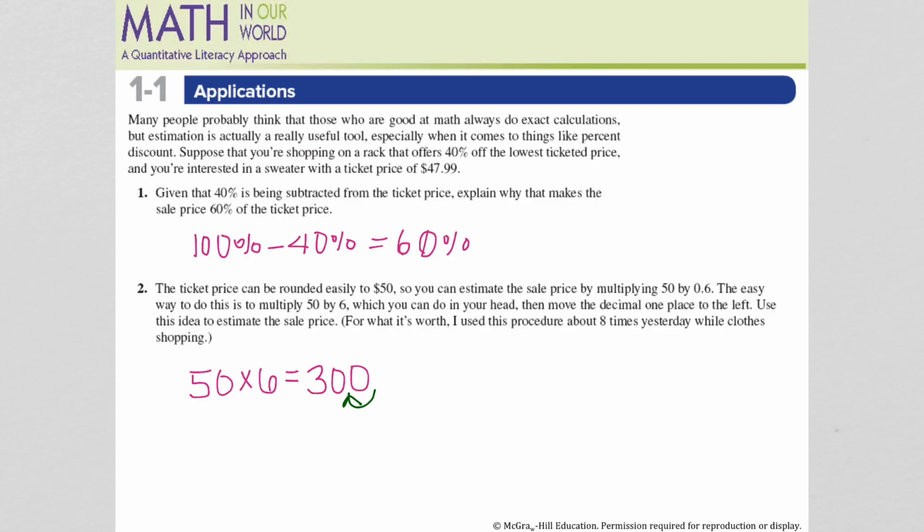And so that tells us that 50 times 0.6 is actually 30. So we can estimate that the cost of the sweater is about $30. And again, is that the exact cost? No. But that's enough to determine if you can afford it, right?